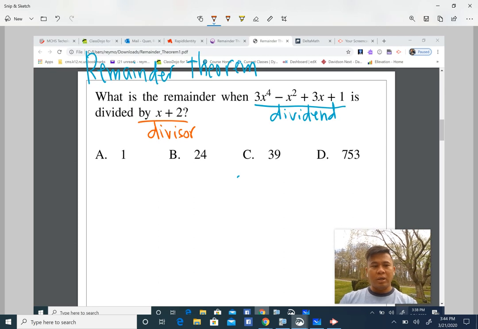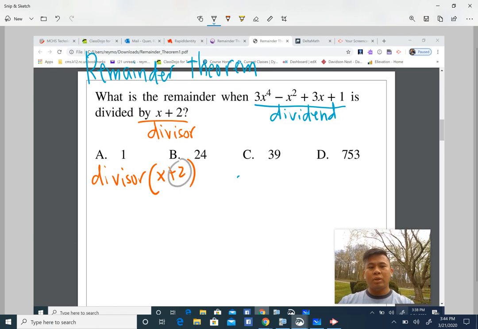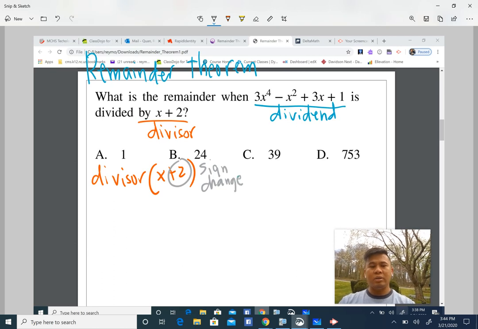So in this case, in our divisor, we have x plus 2. We're going to sign change on its constant, then that will be negative 2, and put it into our dividend.